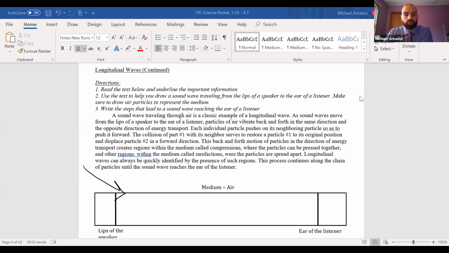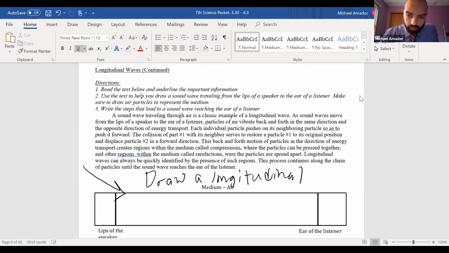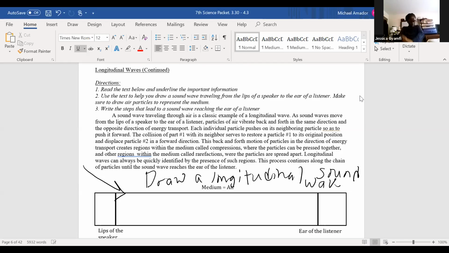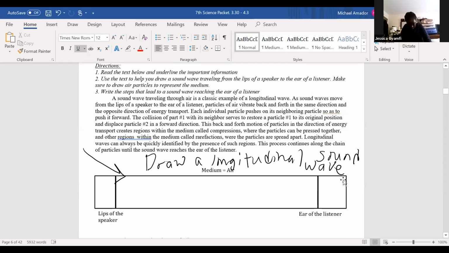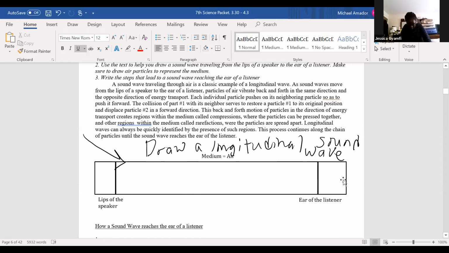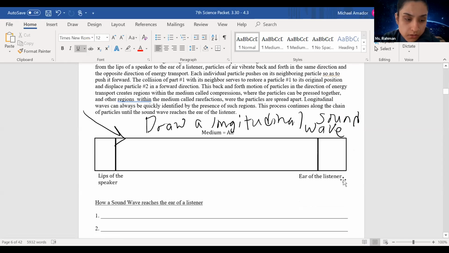So we're going to take 2 more minutes to finish reading this and then drawing what a longitudinal sound wave looks like. Bailey, sit properly, please.